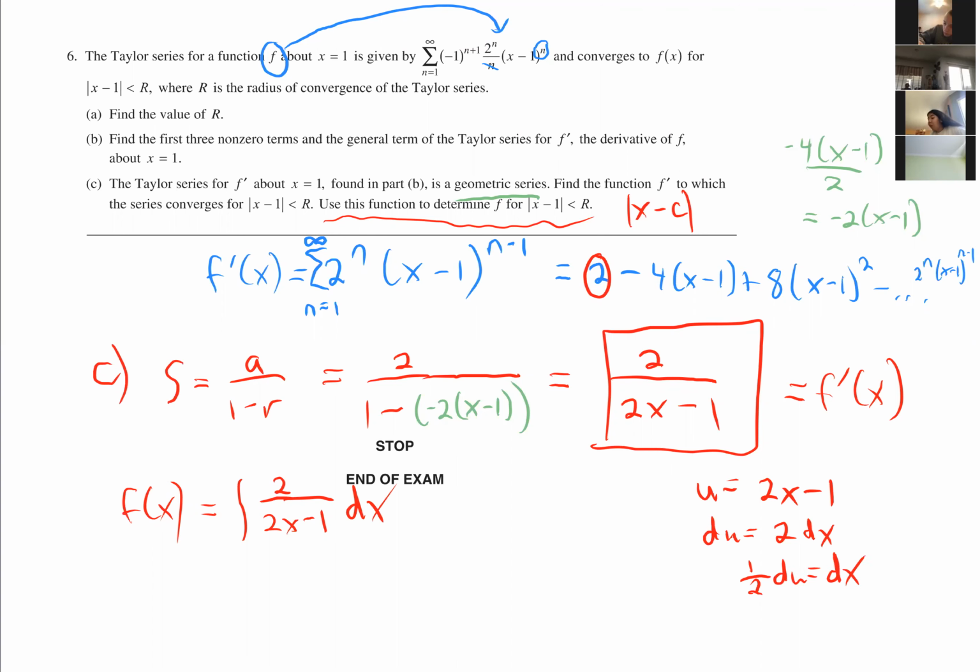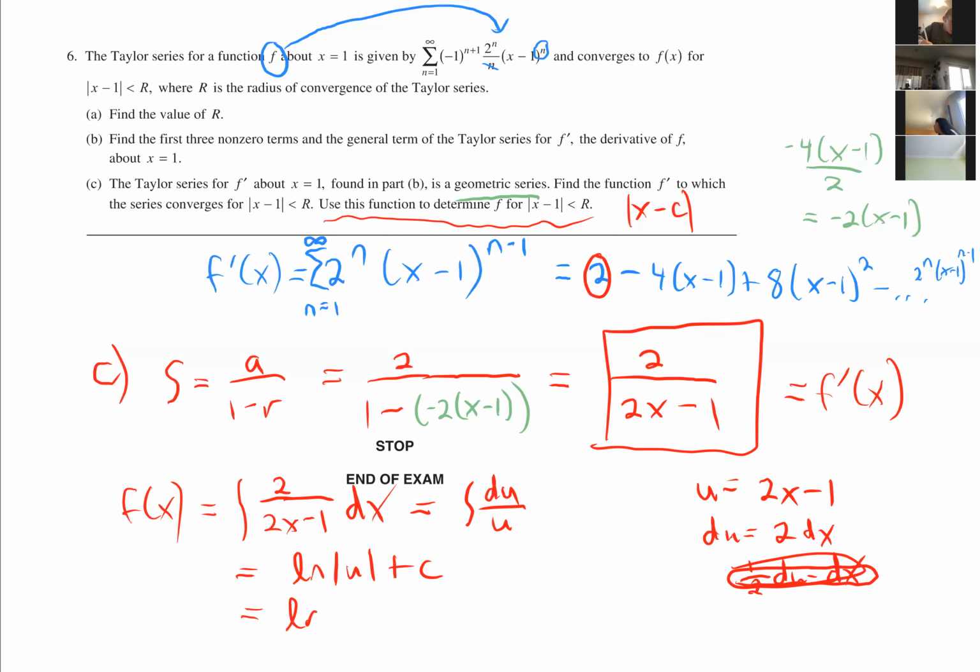So I'm going to write this as the integral of, actually I don't need this part, sorry. I could have erased it. 2 dx just becomes du. So this is just the integral of du over u, and that's just going to be ln of absolute value of u plus c.